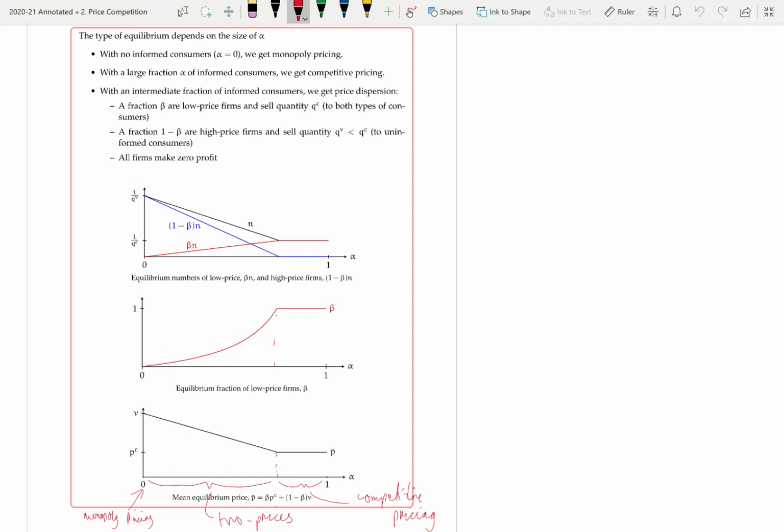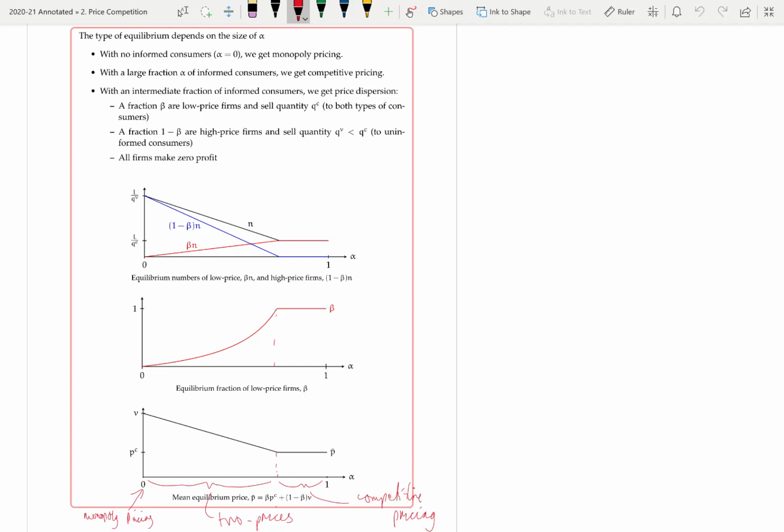And what happens to the number of stores as alpha changes? Well, in this range here, where all the stores are low price stores, the number of stores is constant at the value where producing QC units makes 0 profit. When alpha is less than that quantity, then there are both types of stores. The total number of stores is decreasing in the proportion of informed consumers because the low price stores sell more.